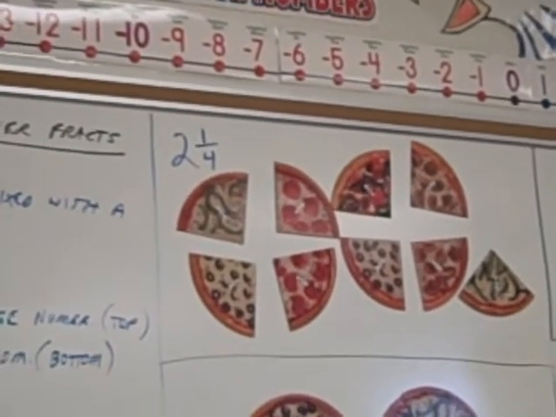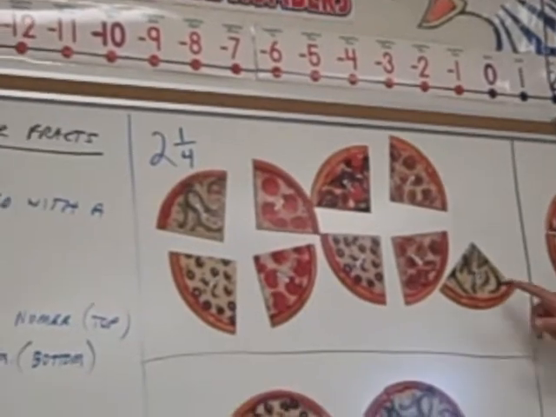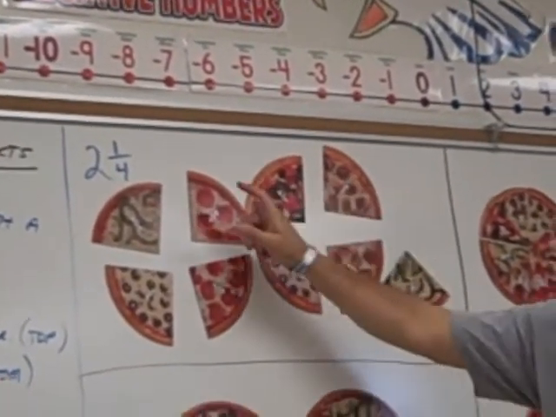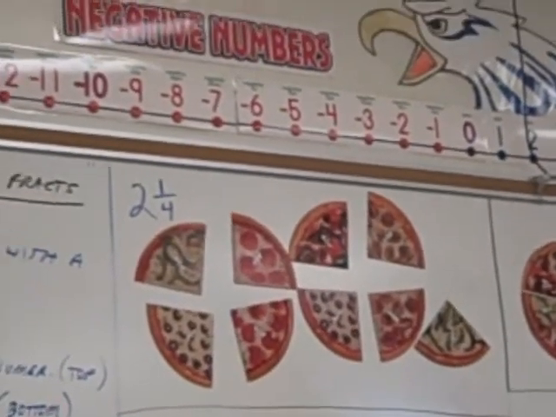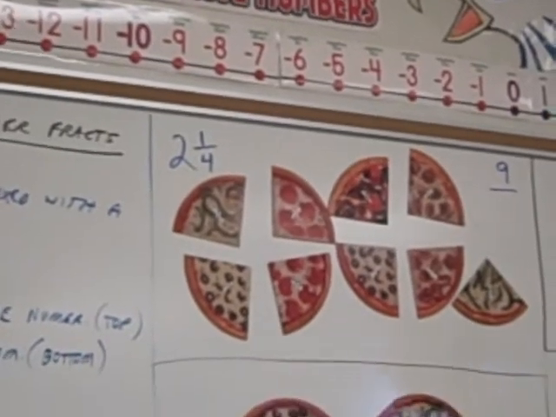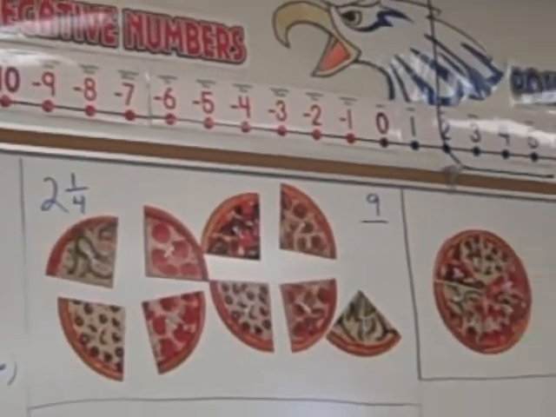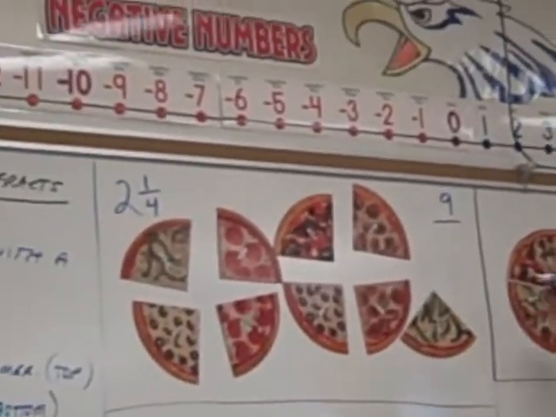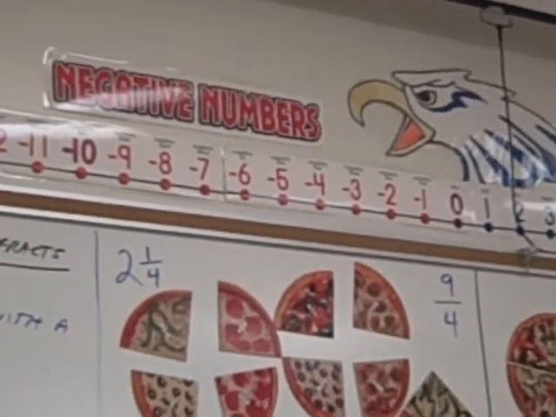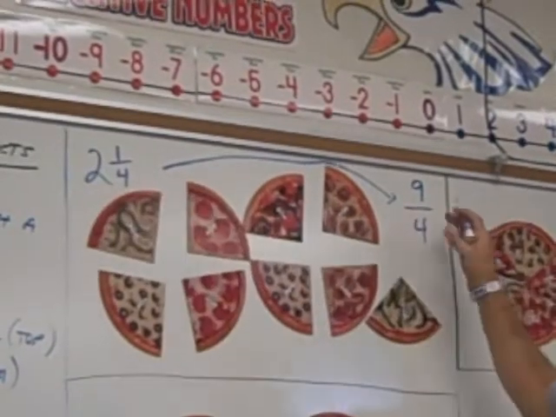Well, let's count how many fractions we have. 1, 2, 3, 4, 5, 6, 7, 8, 9. So, I have 9 what? 1/4 pieces. But we put it together and call it 9/4. Is that improper? Yes. Bingo. We have turned our mixed number into an improper.